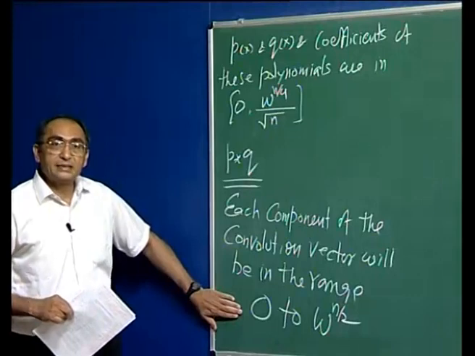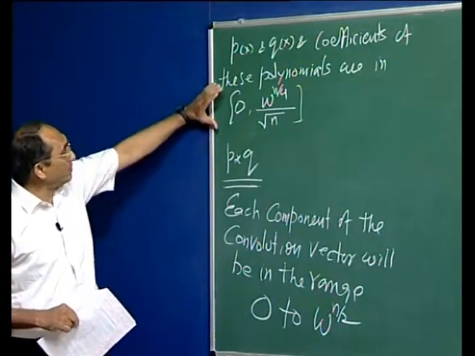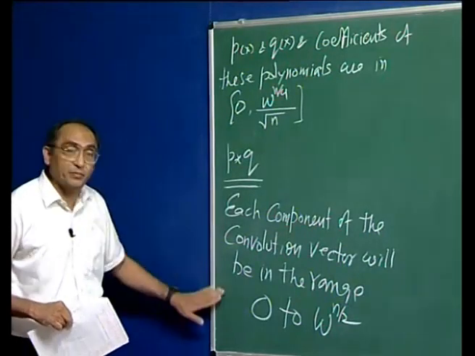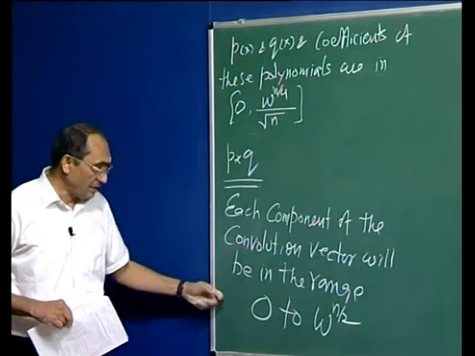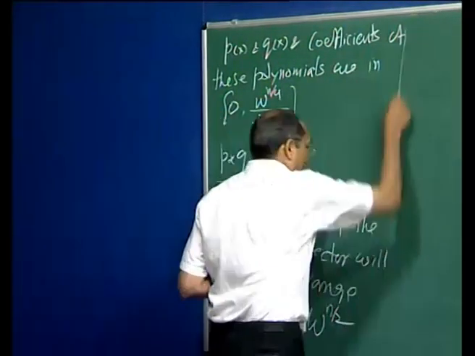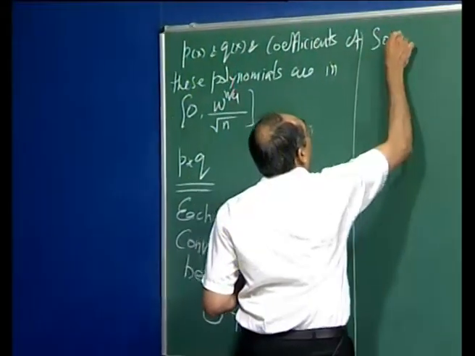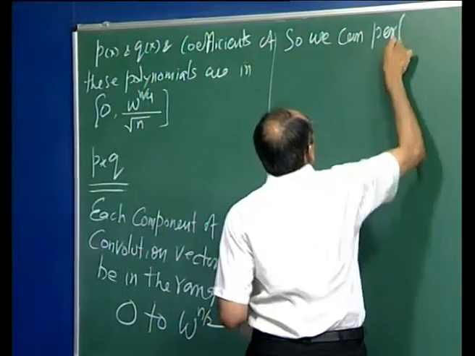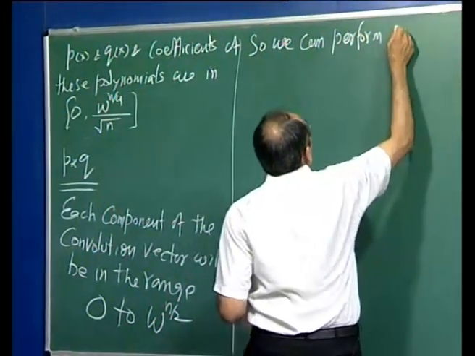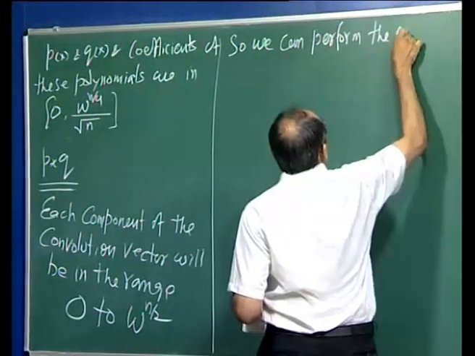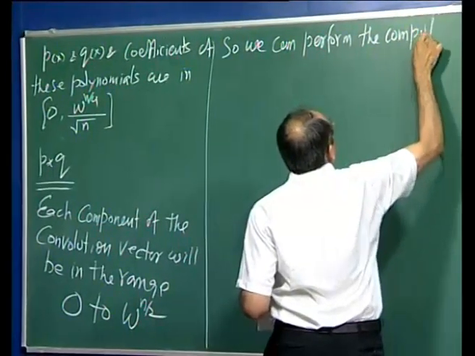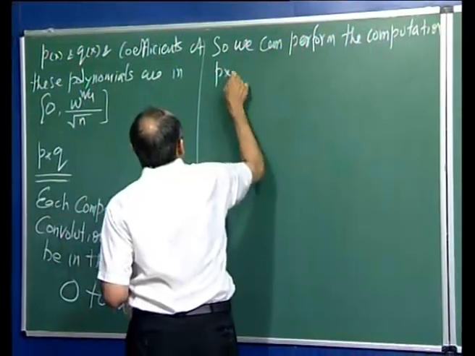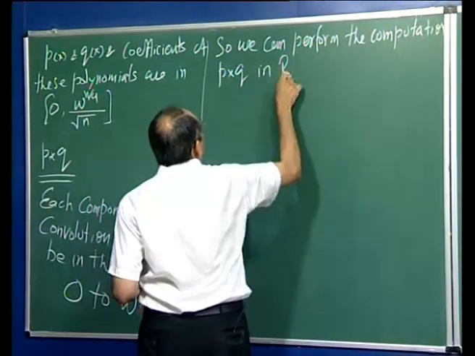Now, this indicates that if my coefficients are limited to this, then I can perform the same computation in Rm. So, we can perform the computation P times Q in Rm.